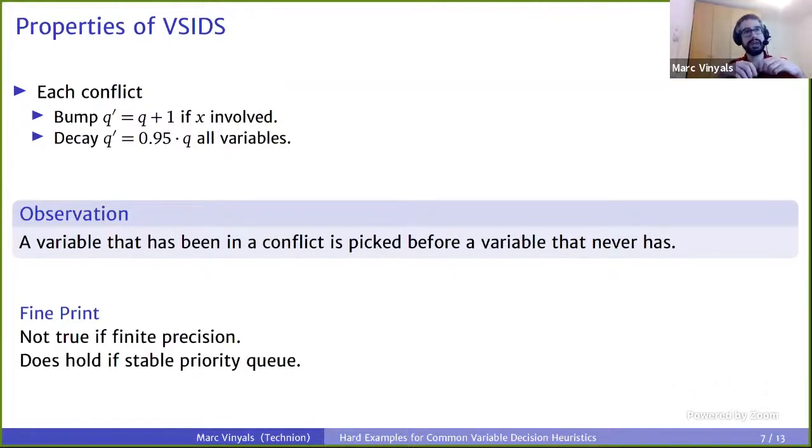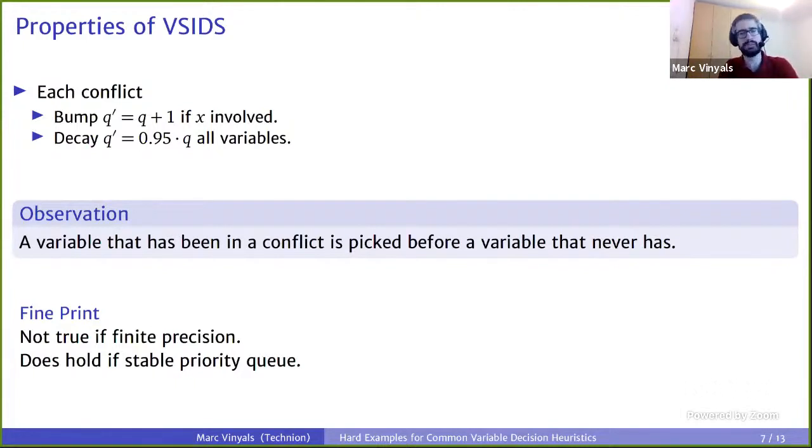If we assume that we have unbounded precision numbers, the scores have infinite precision and they're real numbers, then this is true. If we implement them with doubles, then it might be that a variable is in a conflict, and then there's a lot of time in between conflicts, and the score might decay to a number that's so small that we cannot represent it, and it then gets rounded down to 0.